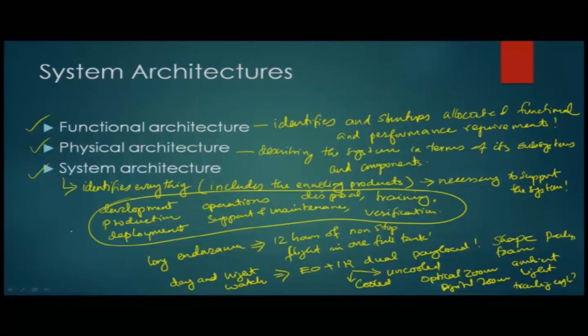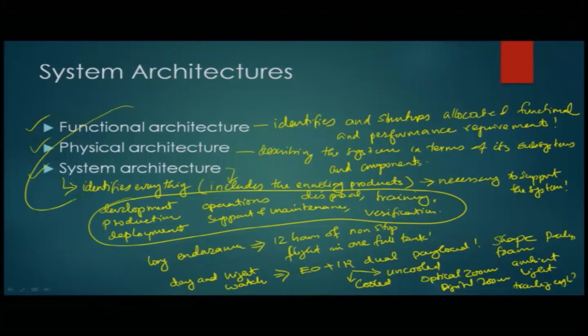It is done in both senses, that sometimes you might come across something during the physical architecture which might translate to the system architecture and say, we would require something extraordinary to realize this. That is fine, as long as you end up meeting all of these things.